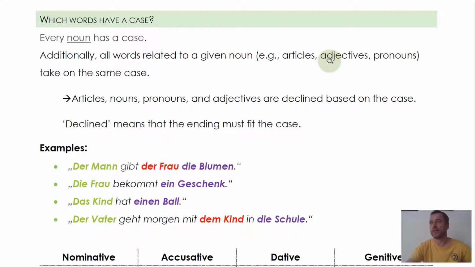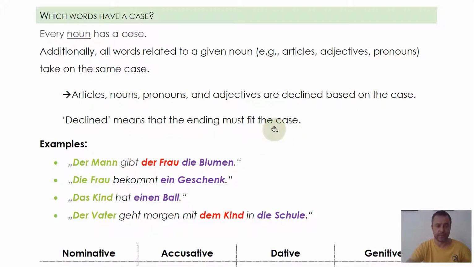If you don't understand it in your native language, it's way harder to understand it in German. So it also makes it way easier if you know what an article is in your native language to understand what an article is in German. And all of those words that get a case need to be declined according to the case. Declined means we have to adjust their endings, usually according to the case.